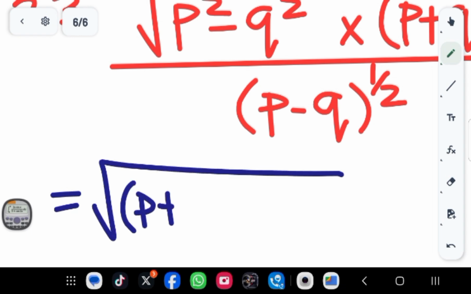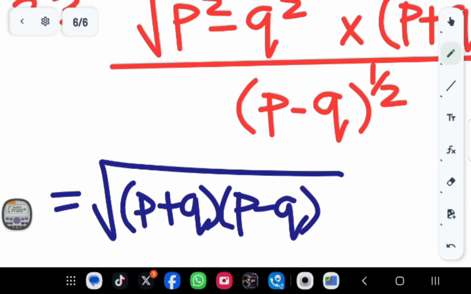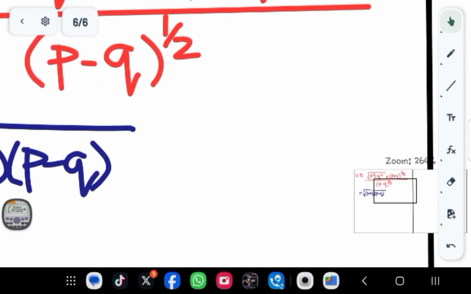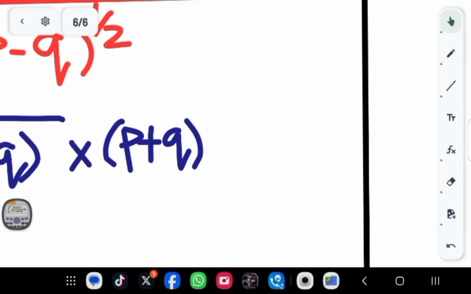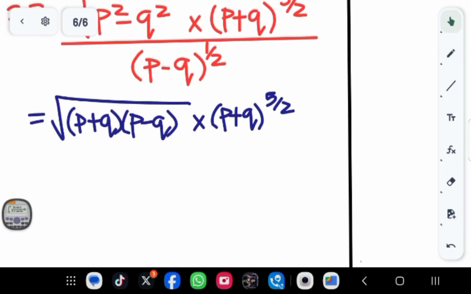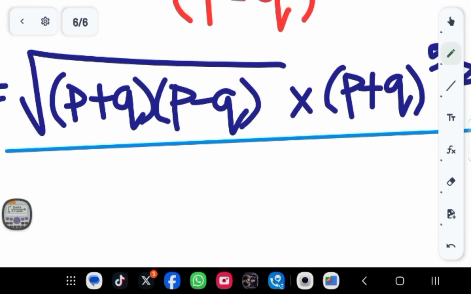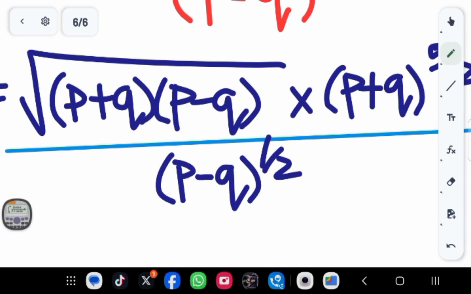So that is p plus q and p minus q multiplied together, times p plus q, in bracket, all to the power of 5 over 2, all over p minus q all to the power of a half.